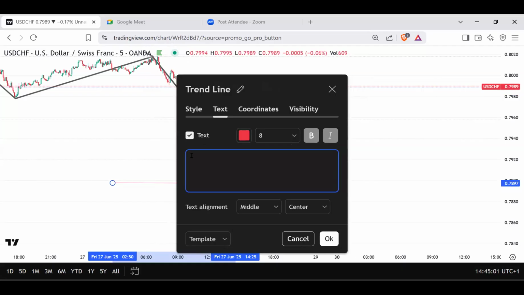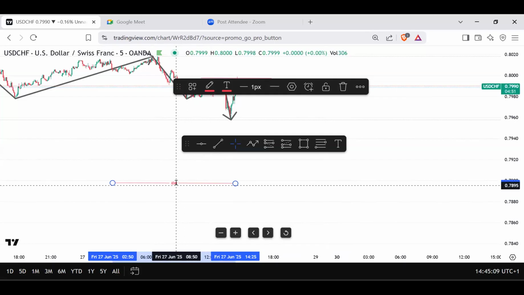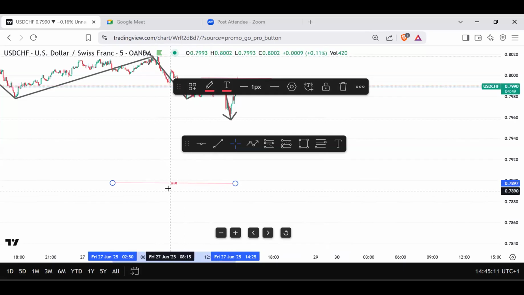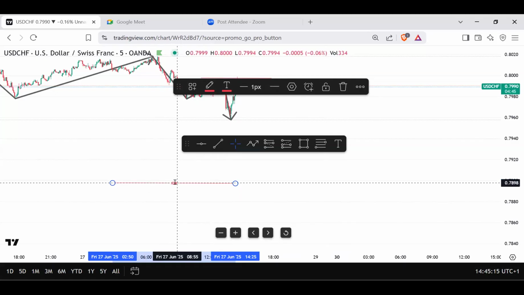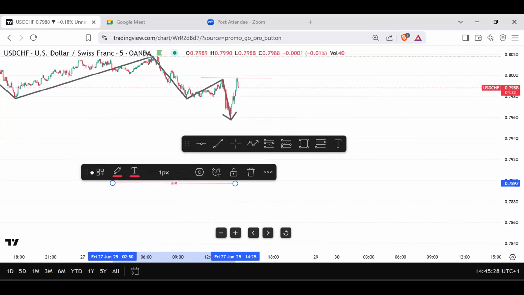So you can write, maybe, inducement. Is there an option to save it so I don't write each time? Say you want to use this and save it: you click on it and it will show you this option.